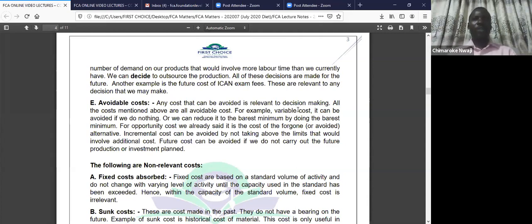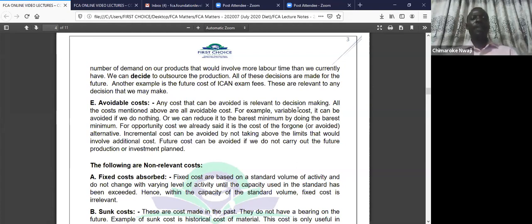This is because if you do nothing, you spend nothing. And so variable costs can be avoided. You can avoid spending variable cost on 100 units of goods when you can do 10 units of goods. So the difference of 90 units, the cost spent on them could have been avoided.